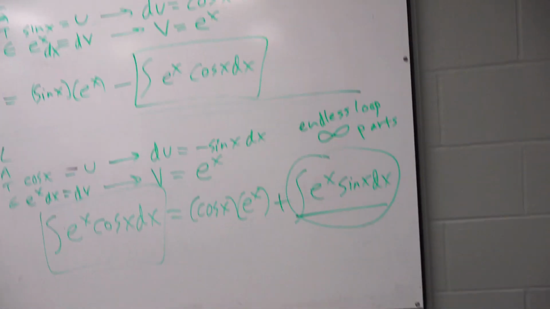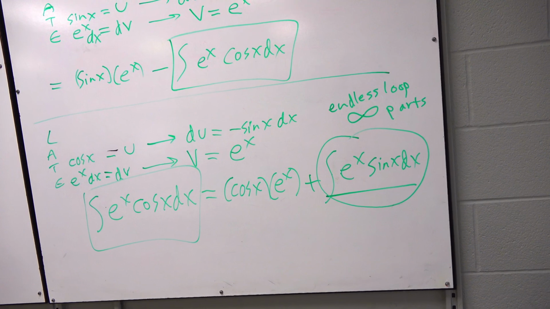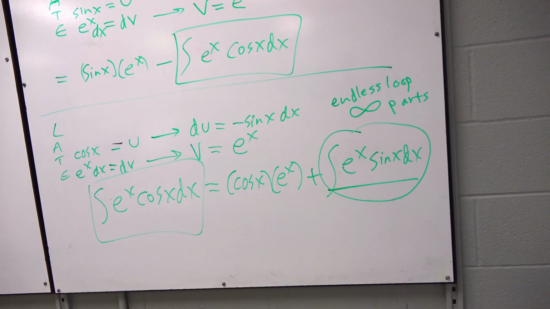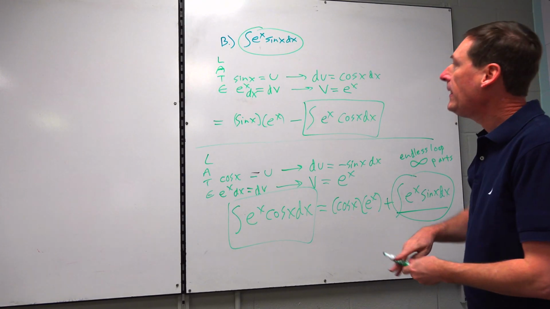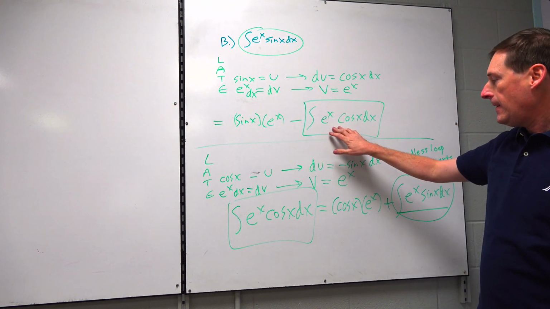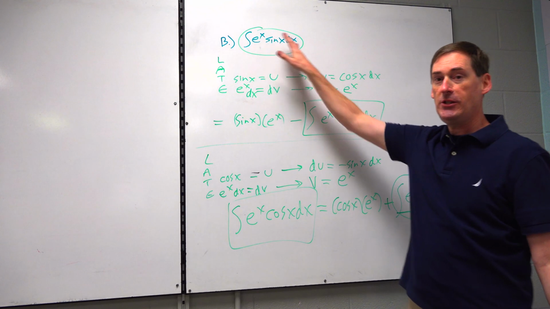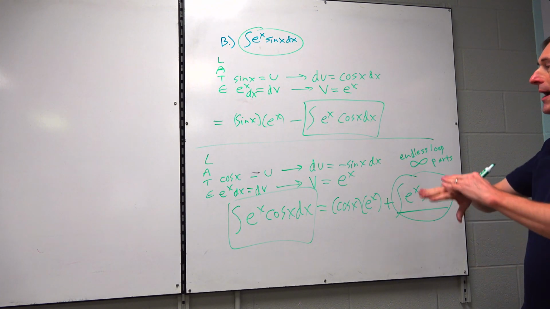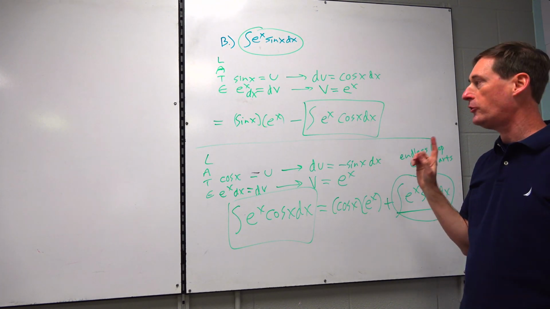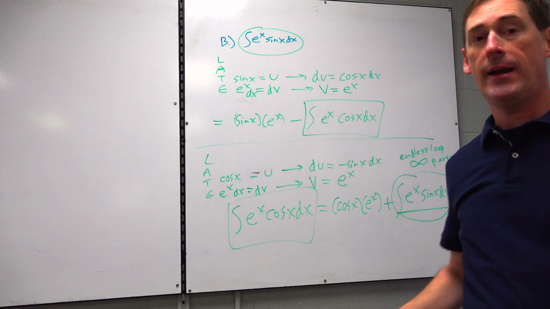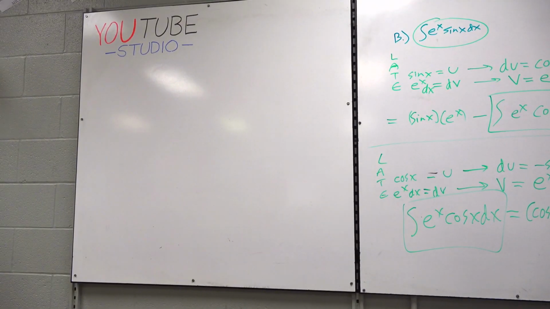When you get that in a parts problem, there is hope. So what's the hope? What's the breakthrough here? Okay, if you ever do parts and then you do parts again, if you get the same thing as the original question, I want you to write out everything you have so far so I can show you a little trick here, okay? Matter of fact, let's go over here and try it on a clean board.